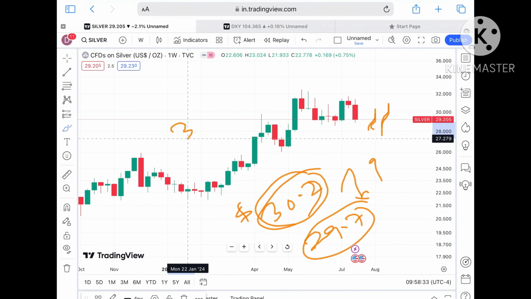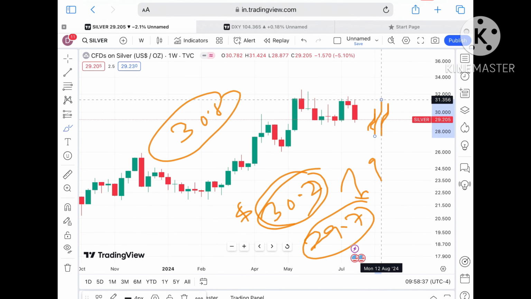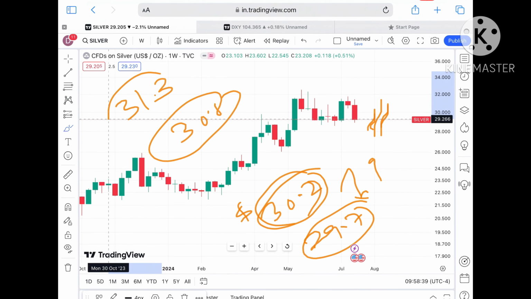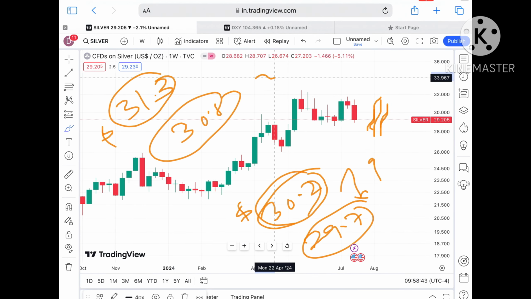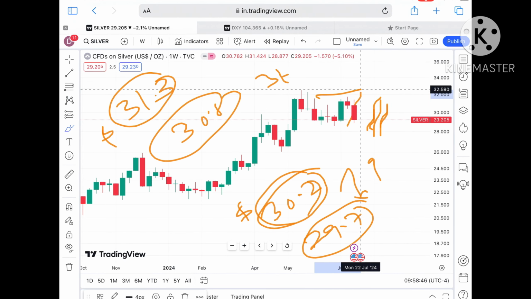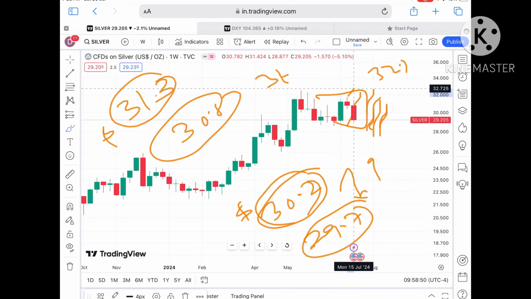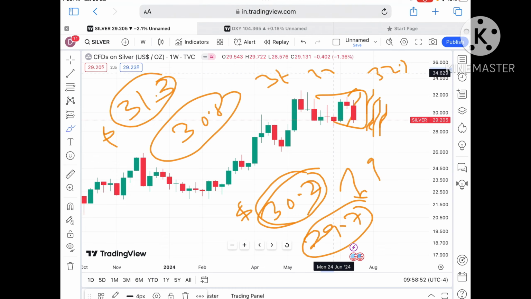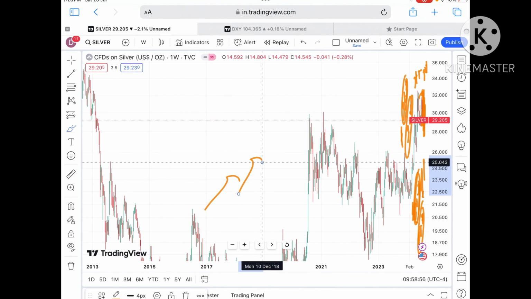If the price sustains above that level, we can see a level of 30.8, and if that goes upside, it will cross a level of around 31.3, which has already been tested here. So chances are high it will cross a level of 31.7, and then there will be a zone breakout, so chances of touching 32.3, and then it can touch its all-time high of around 32.5, and then further upside movement in the price of silver.